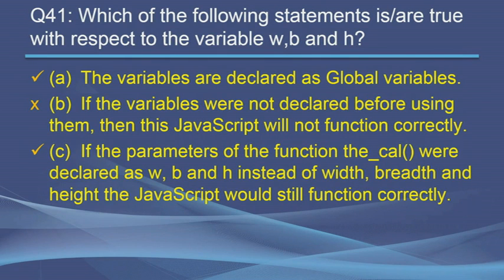So JavaScript is very flexible in that sense. If the parameters of the function are declared as w, b and h instead of width, breadth and height, so we'll move on to that code later, the JavaScript would still function correctly. So that is also true. I'll show you why it is true in the next part of code.